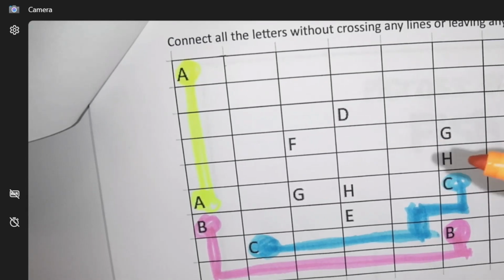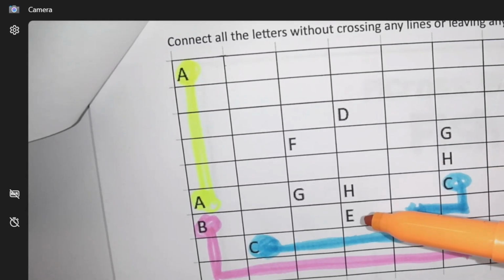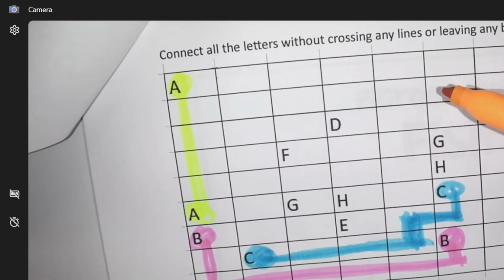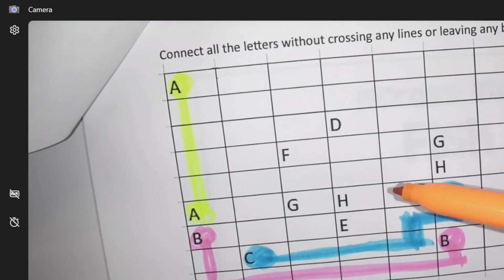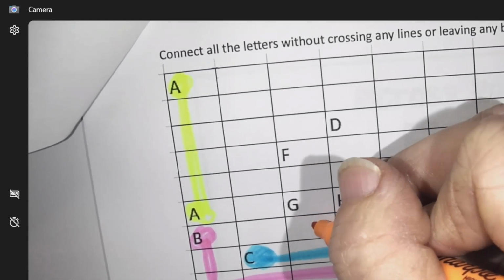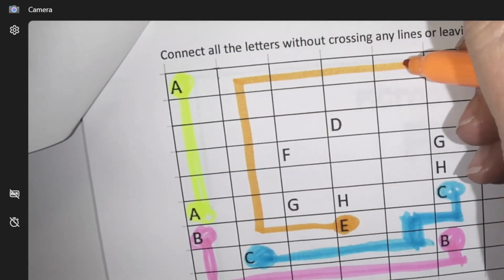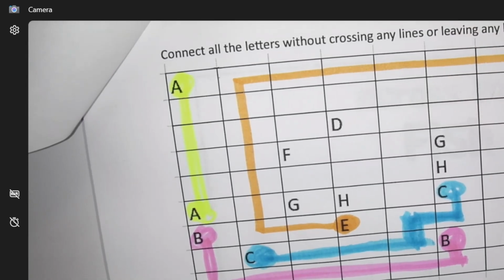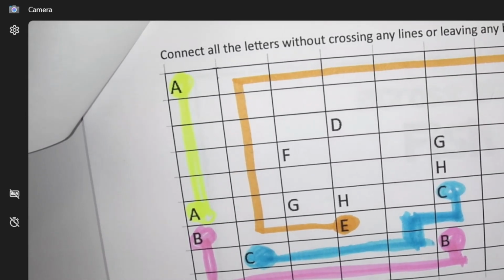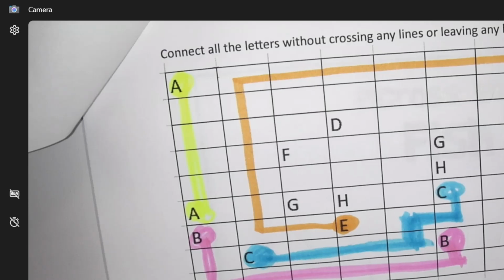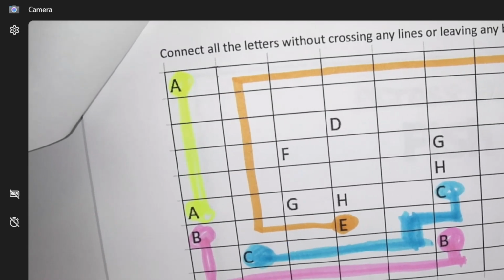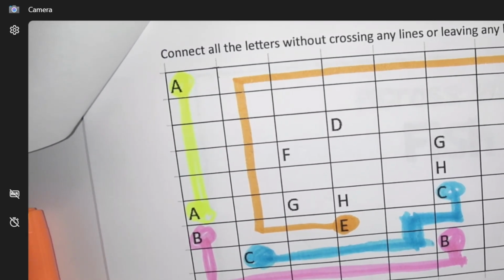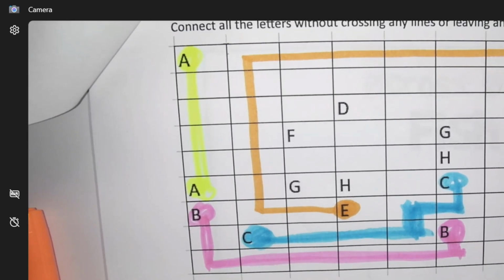Yeah, because here's my reasoning. If I try to go through here and over, it's gonna probably block a path to something else. Do you see it? So it has to go that way. So I'm gonna go over all the way around like that, so I don't block any paths. I think I'm gonna do F next.